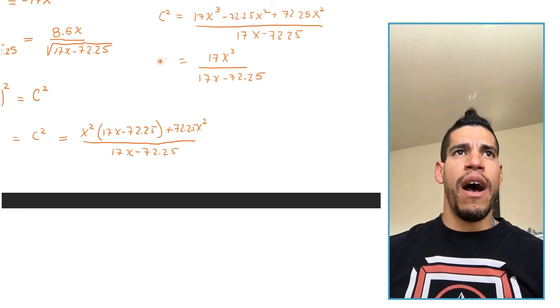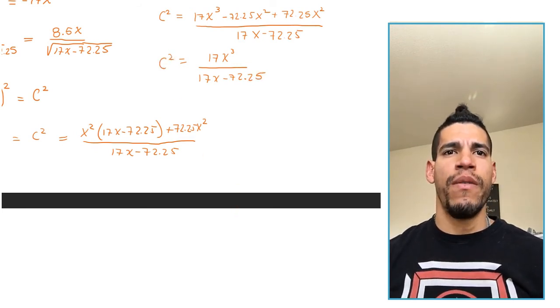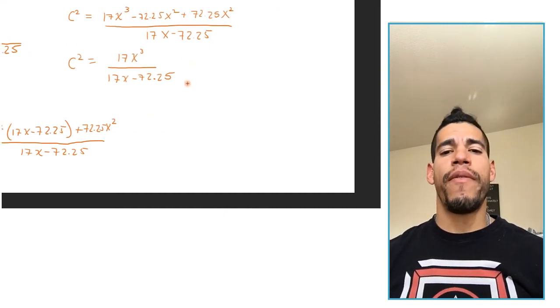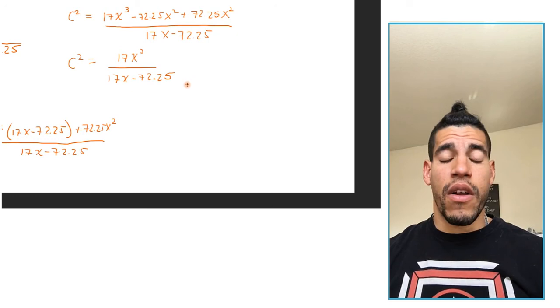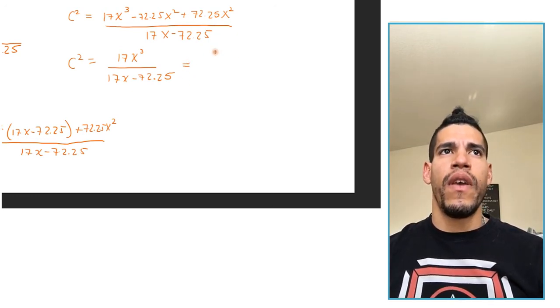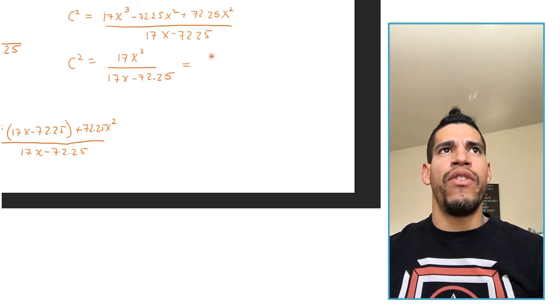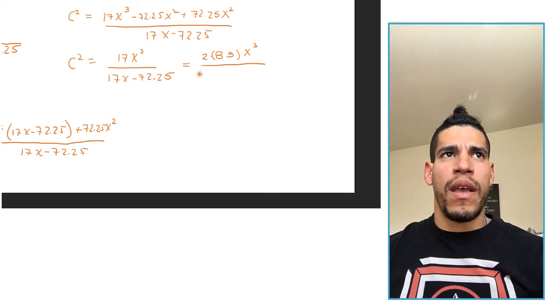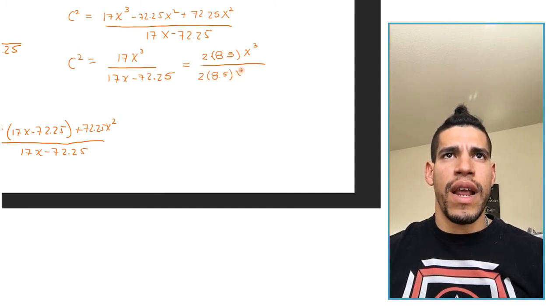Okay? Now, in the previous video, this is where I made a mistake because then I simplified incorrectly. The correct simplification is the following. Notice that 17 is 2 times 8.5 times x cubed. The same thing here, x.